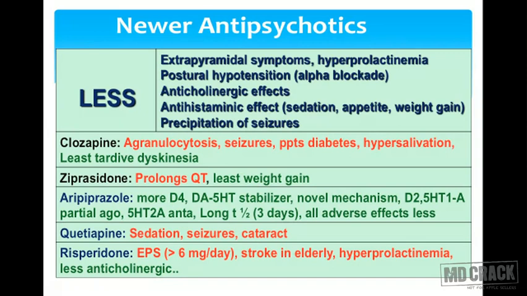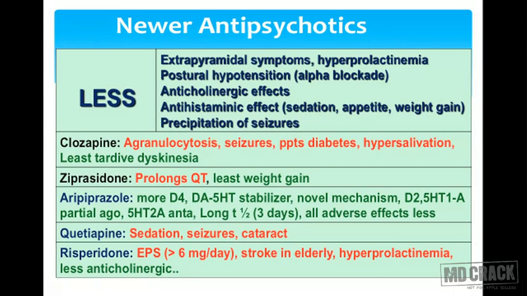It also acts on the 5-HT1A receptors, at which it is a partial agonist, and it is an antagonist at the 5-HT2A receptor. So that's the novel mechanism of action. Aripiprazole has a long half-life of 3 days, and all the adverse effects we discussed with the older antipsychotic agents, as mentioned on the first row, are less with aripiprazole.